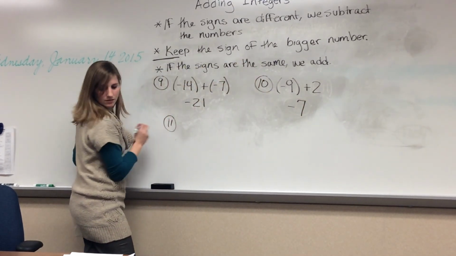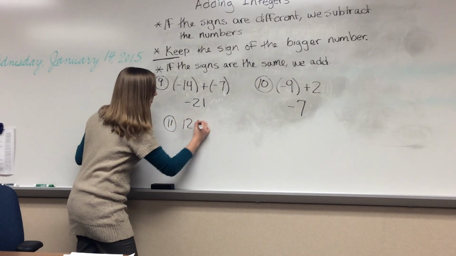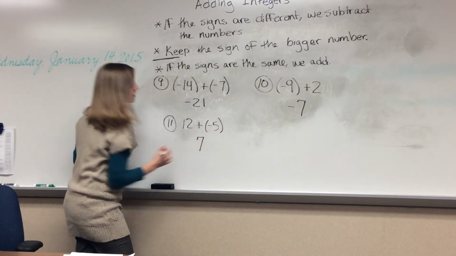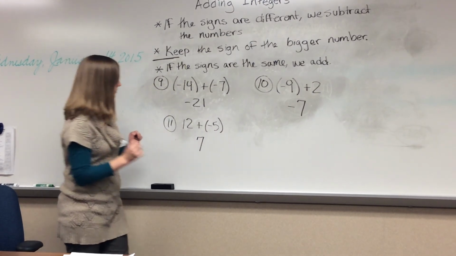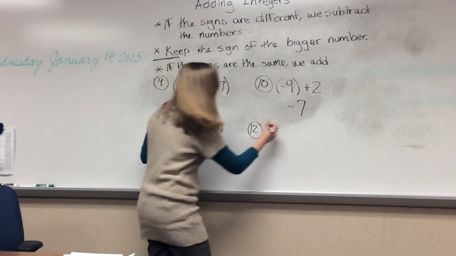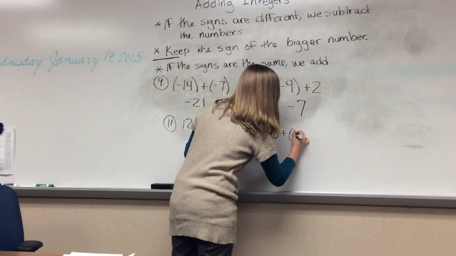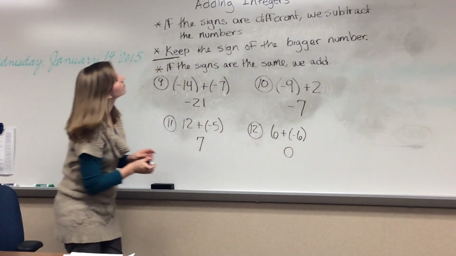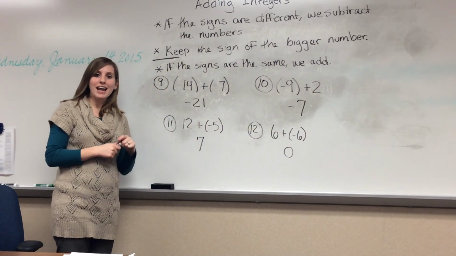Number 11 is 12 plus negative 5. The answer is positive 7. And number 12, the problem is 6 plus negative 6. Your answer should be 0. And now you know how to add integers.